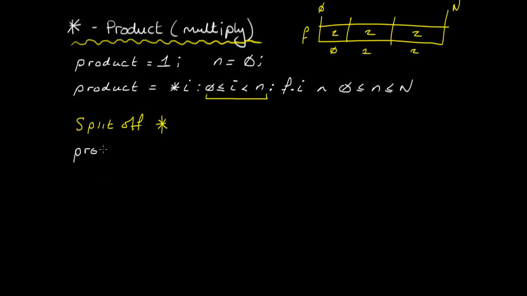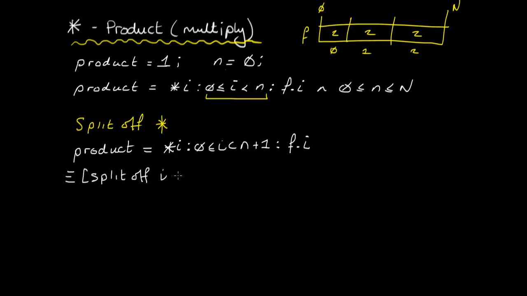So we could have product is equal to product of i greater than or equal to 0, less than n plus 1, and then we'd have f.i. So when we split off, i equal to n, we'll end up with product is equal to the product of i greater than or equal to 0, less than n, we drop the plus 1, f.i. And again, look, this is what we've previously processed, so we bracket that off.